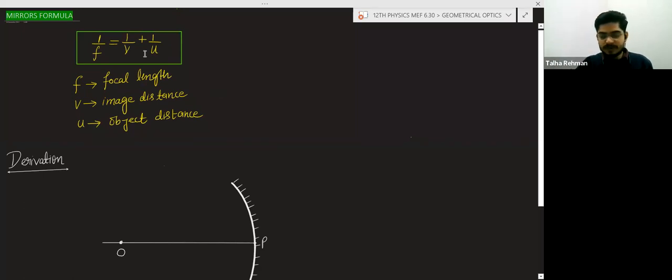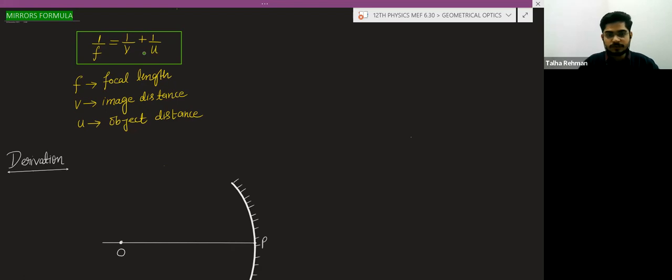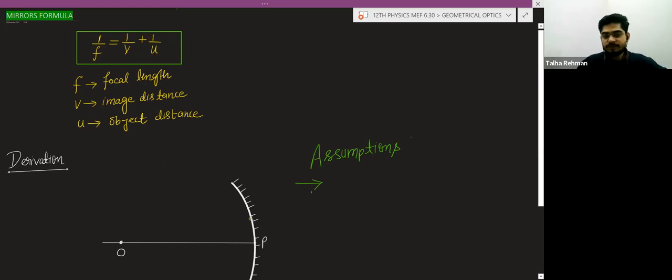For this derivation, there are certain assumptions. What are those assumptions? In the starting, I told you that in our syllabus we will mostly study mirrors of small aperture.